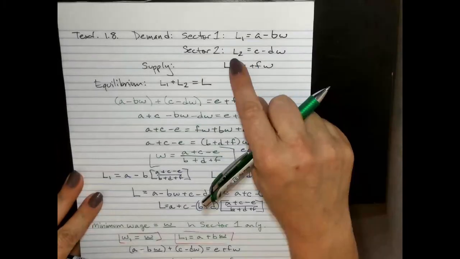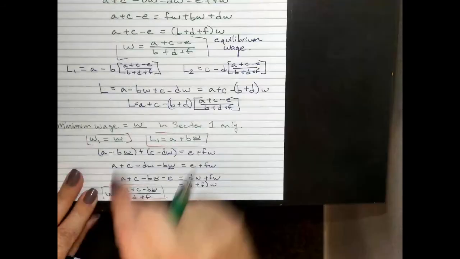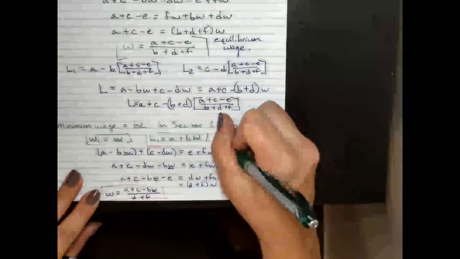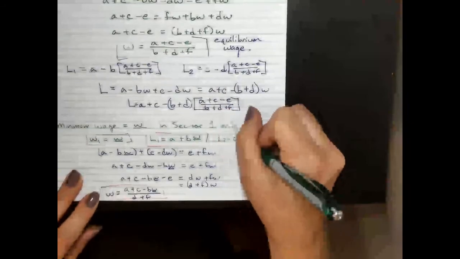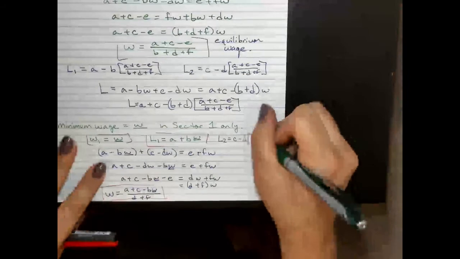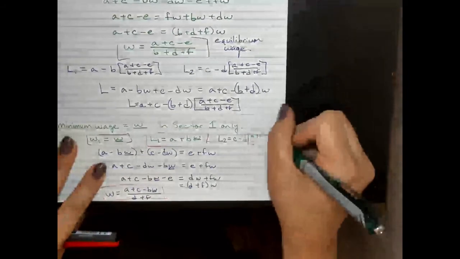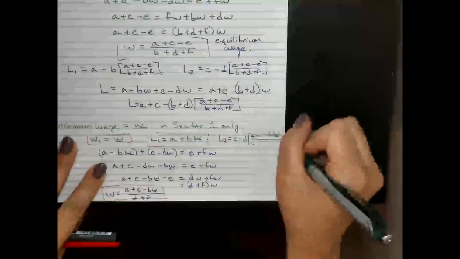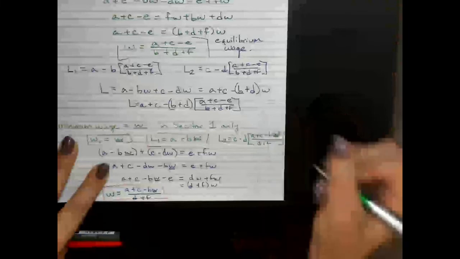So again, the labor demand in sector 2 is going to be that L2 equals C minus DW. So now we just insert this W in. So L2 equals C minus D times A plus C minus BW bar divided by D plus F, right?